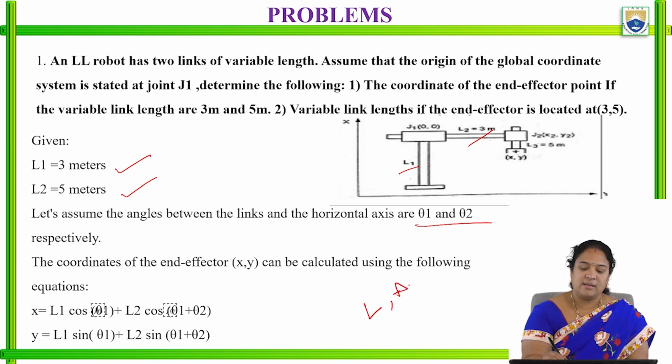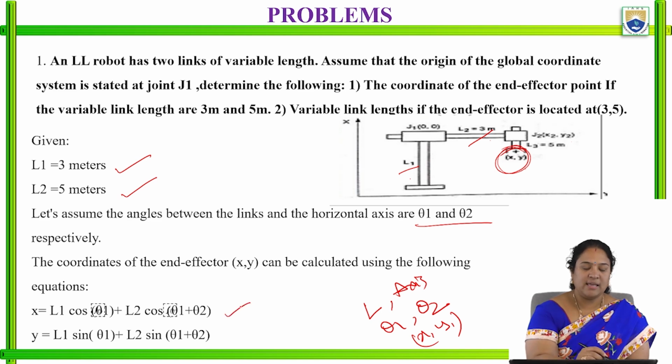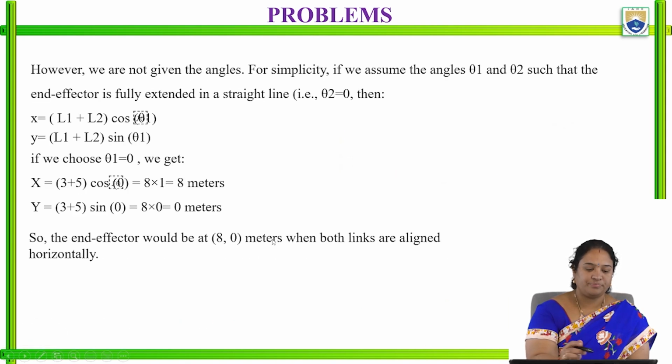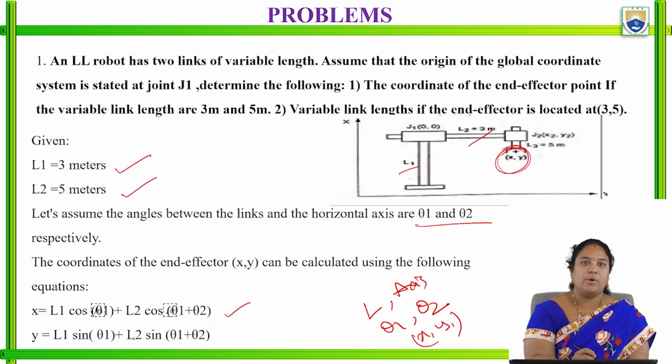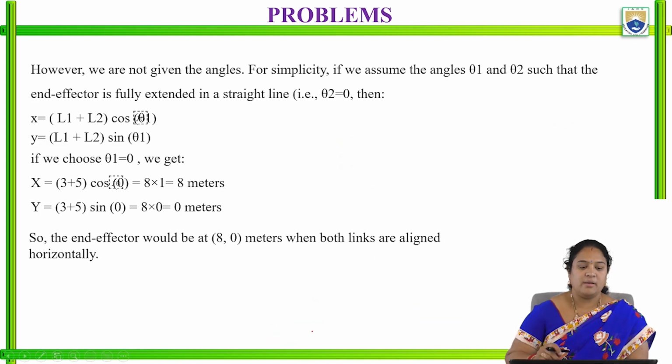As per the coordinates of the end effector, we have x and y, and we write the equations: x is equal to L1 cos theta 1 plus L2 cos of (theta 1 plus theta 2), and y is equal to L1 sin theta 1 plus L2 sin of (theta 1 plus theta 2). In this form, we will be writing the x and y coordinates.